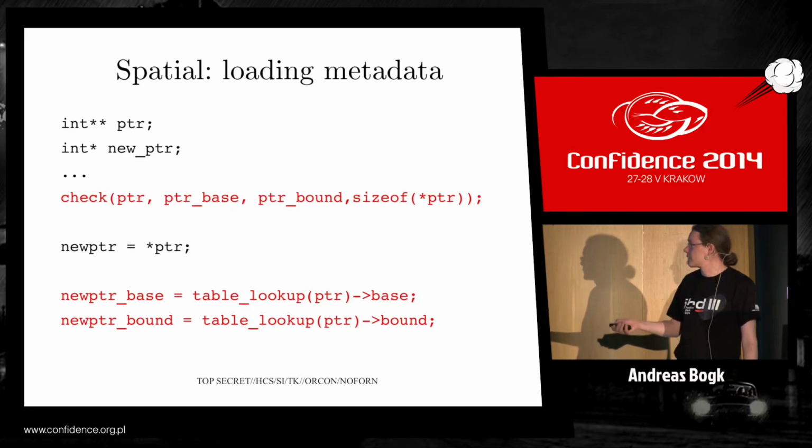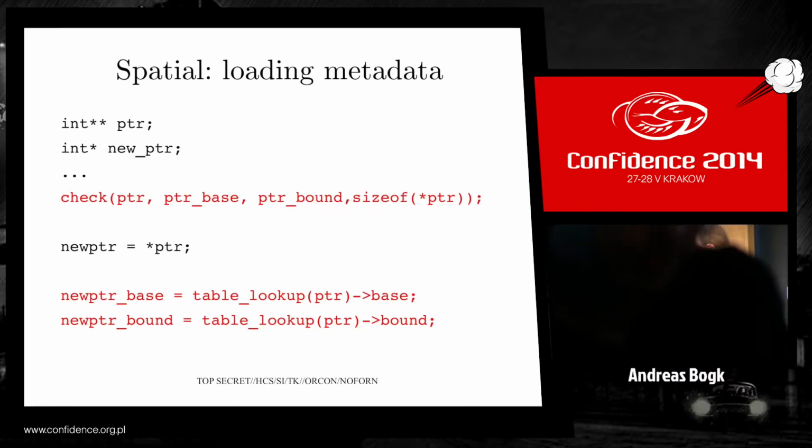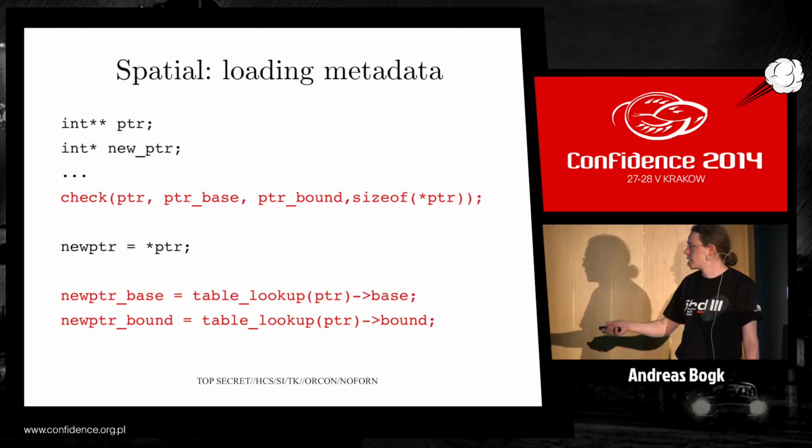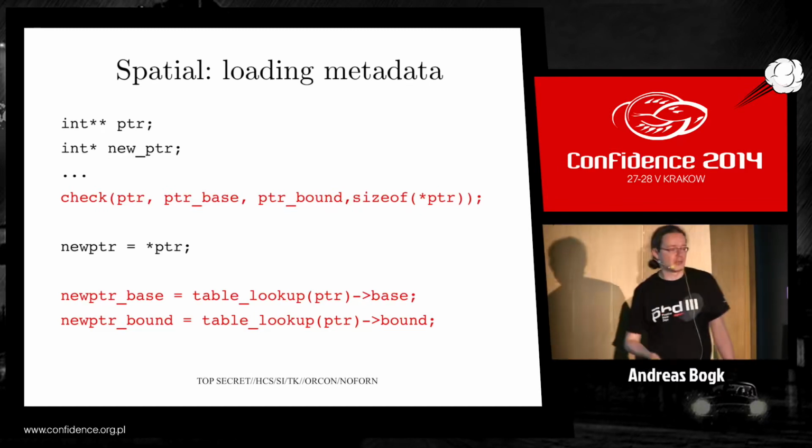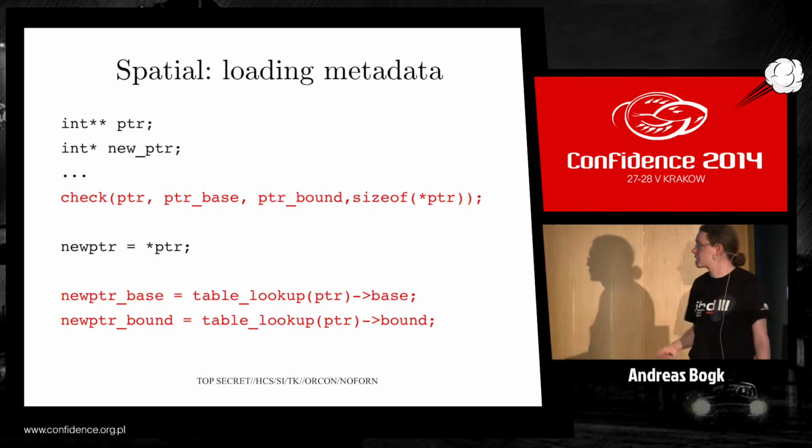And this is done using a table. So we have a table that's indexed by the pointer. And we just load the base and the bound value on loading the pointer from memory. So these are the local variables introduced. We load a pointer from memory. We load from a table our special values that we need to do the check.